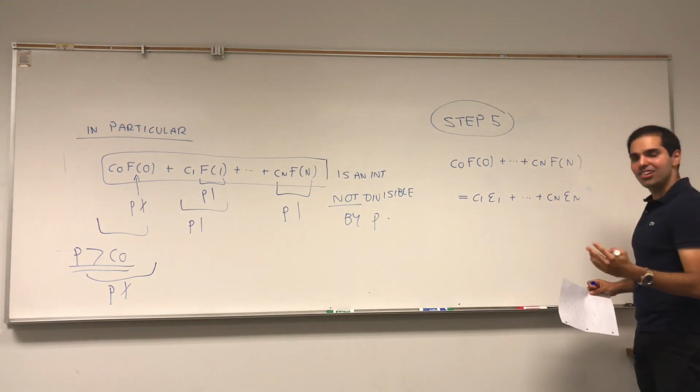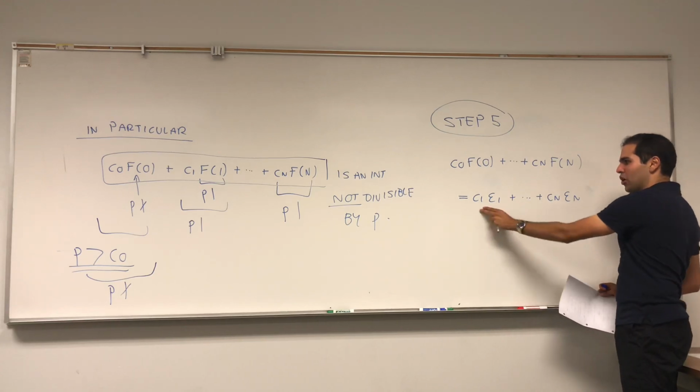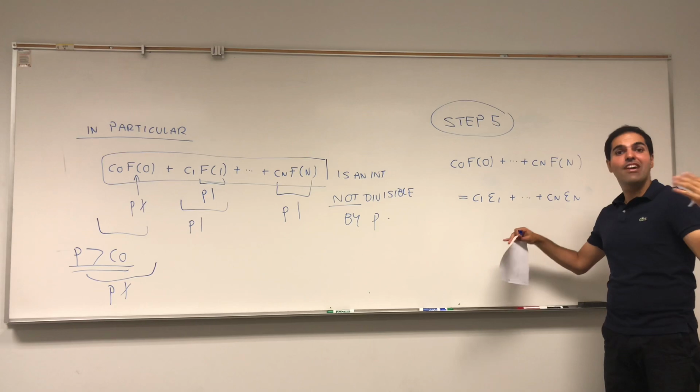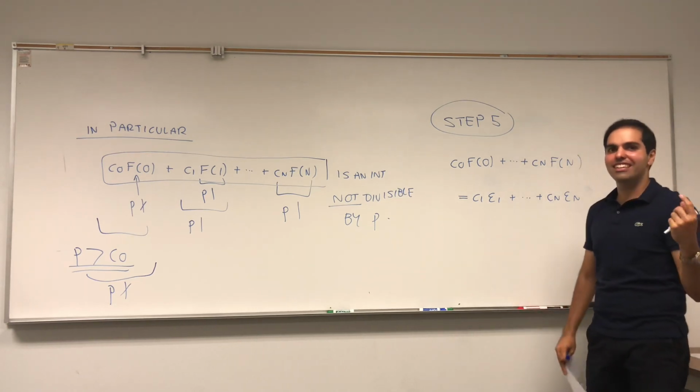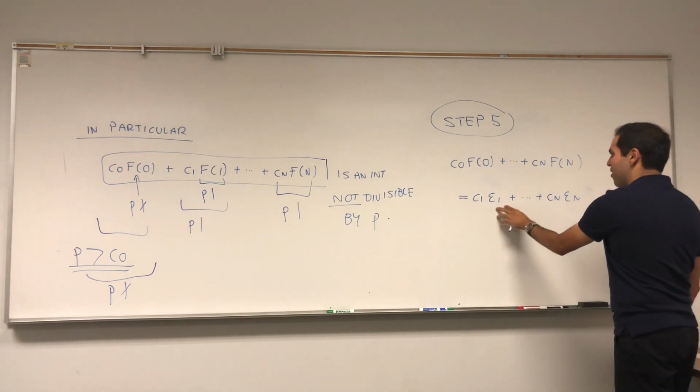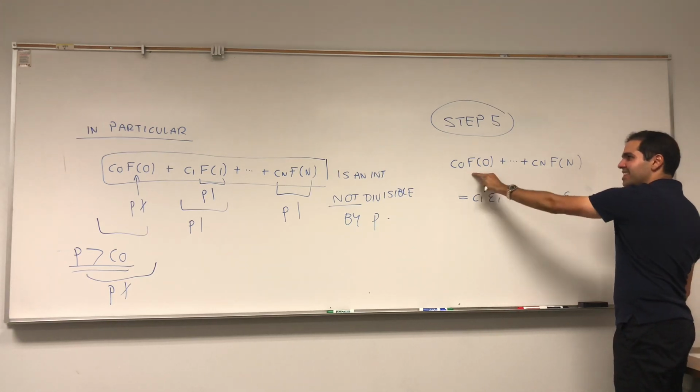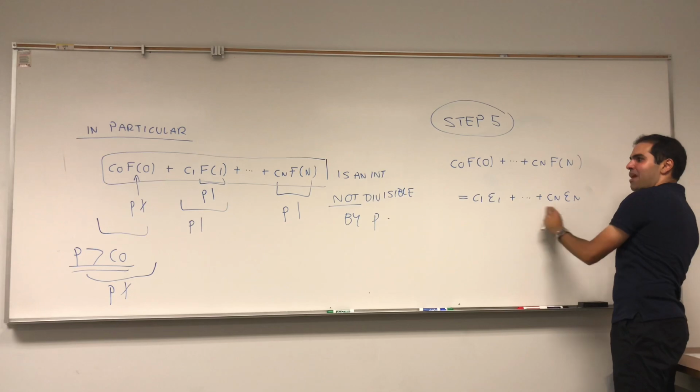Here's how we're going to conclude. If we somehow show that this is very small, let's say 1/2, what's the problem? On the one hand, this is 1/2, but because this is an integer, it will actually have to be 0.